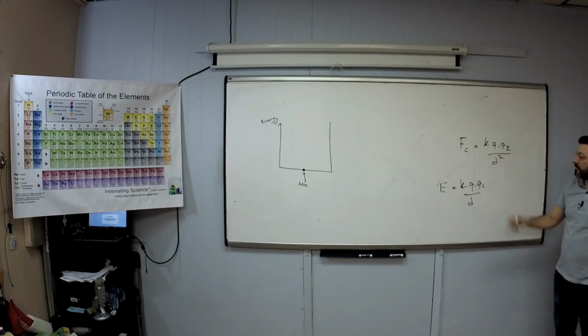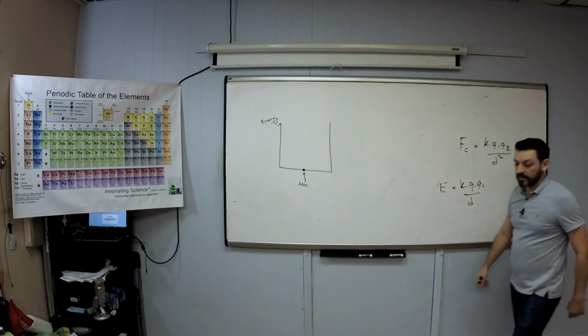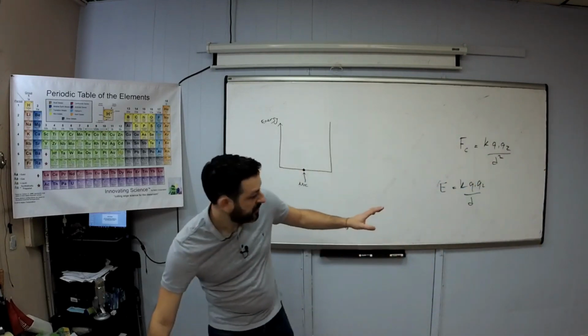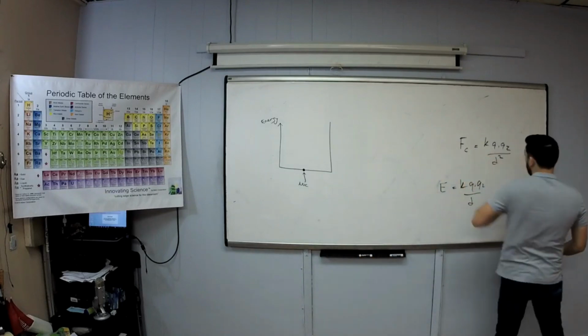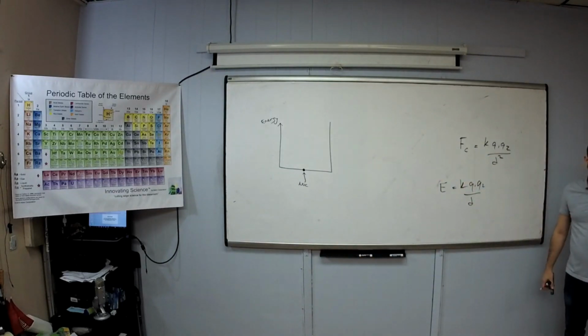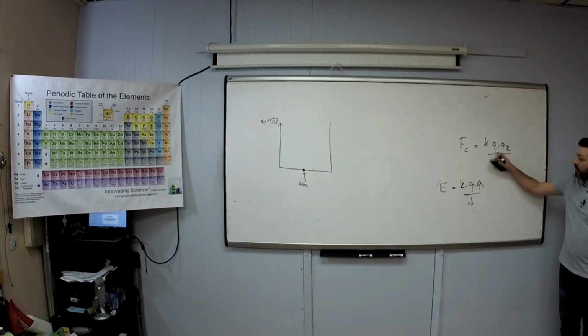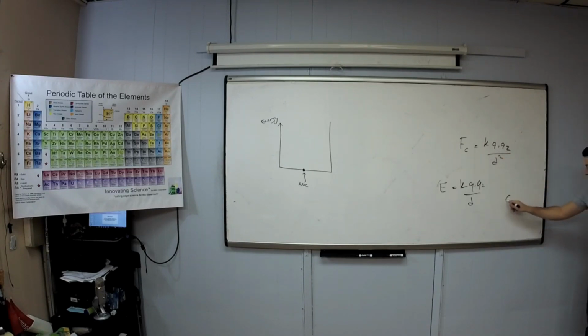over distance squared. We can make sense out of this. The Q in this equation is the charge of a particle. So here is the charge of particle 1, and here's the charge of particle 2. Stay with me here. Imagine I had a positive ion and a negative ion, right? They would have some energy of attraction. What do you think would happen if I make this twice as positive and twice as negative?